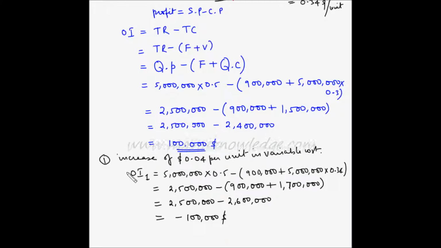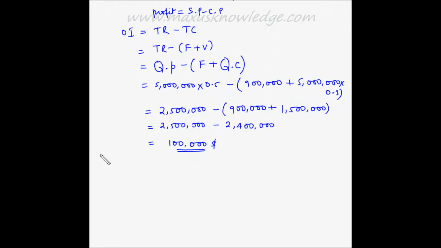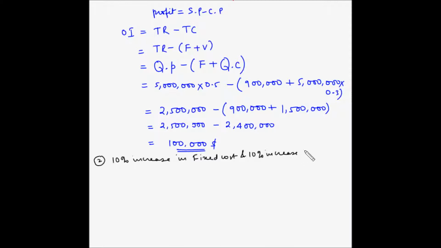Now let's move to the next one, which is a 10% increase in fixed cost and a 10% increase in units sold. So the second is 10% increase in fixed cost and 10% increase in units sold.